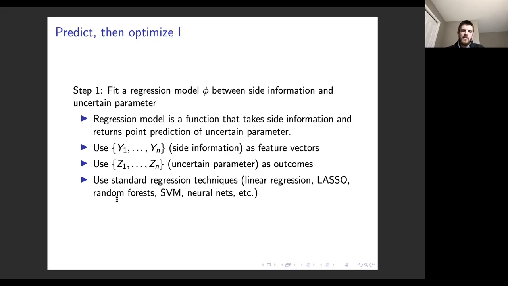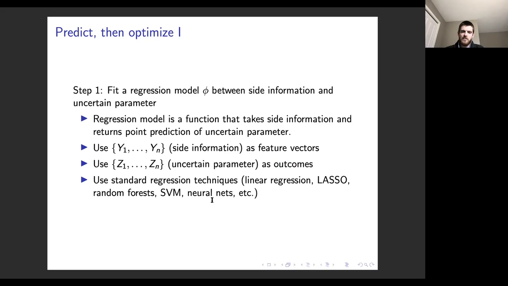And so you can use standard regression techniques here. You can use linear regression or time series regression, if it's a time series, or you can use lasso or any of the more modern machine learning techniques too, like random forests or support vector machines or neural networks. Any of these standard regression techniques are fine because you're just doing regression. Basically you're treating your side information as your feature vectors in regression, and you're treating your uncertain parameter as your outcome in regression.